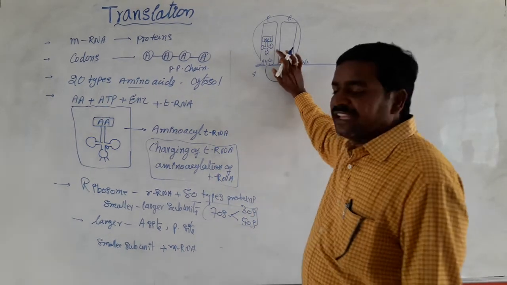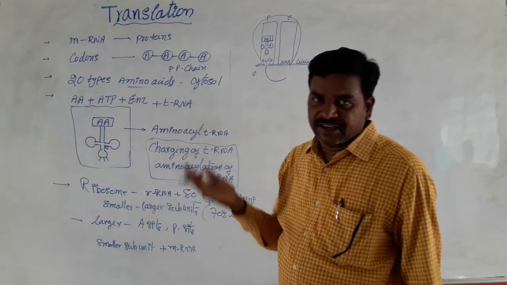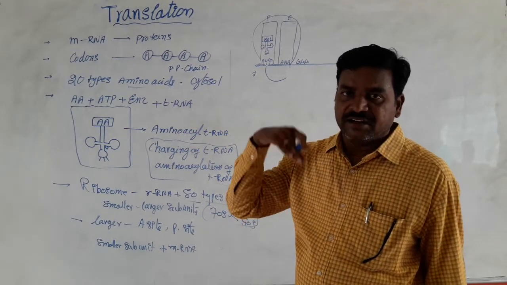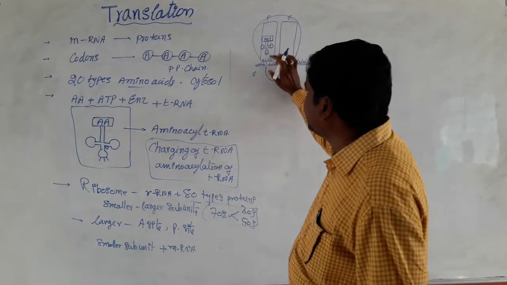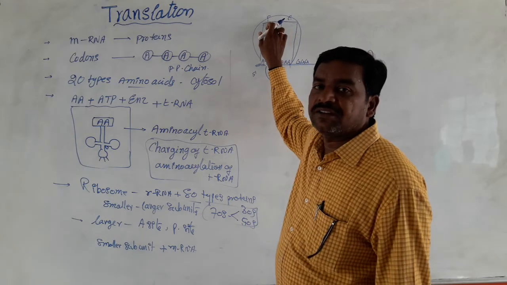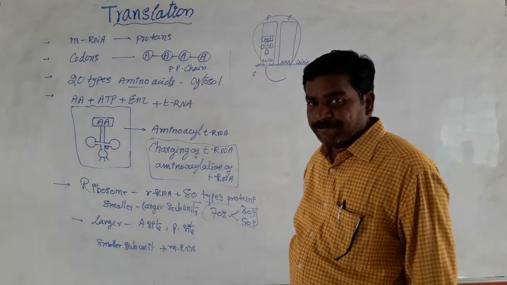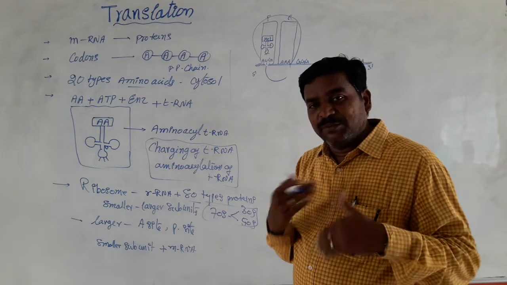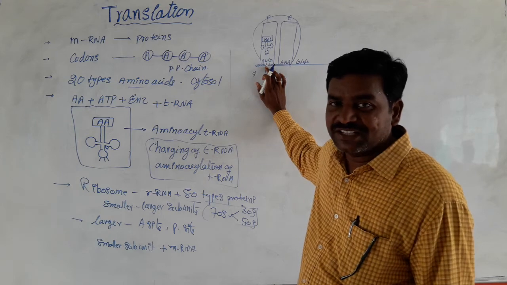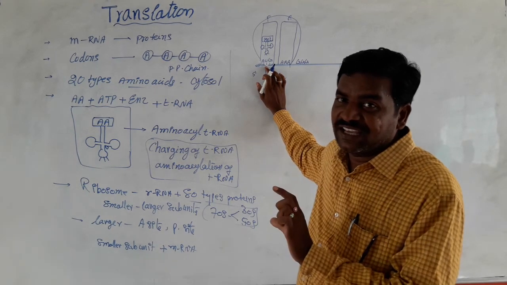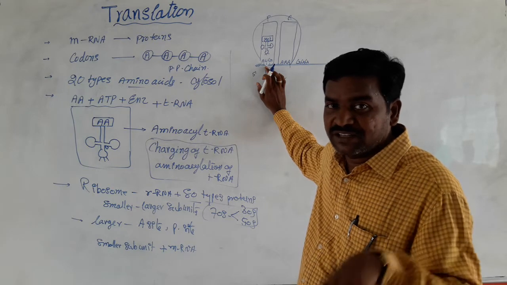So the relevant tRNA recognizes the amino acid methionine, becomes charged and becomes aminoacyl tRNA, and then transfers the methionine into the P site of the large subunit. The anticodons of tRNA are complementary with the codons of mRNA. What letters are present in the anticodon of this initiating tRNA that transfers formyl methionine?